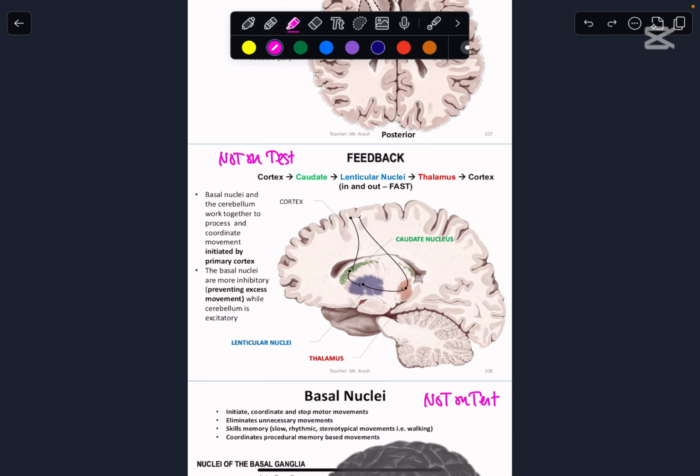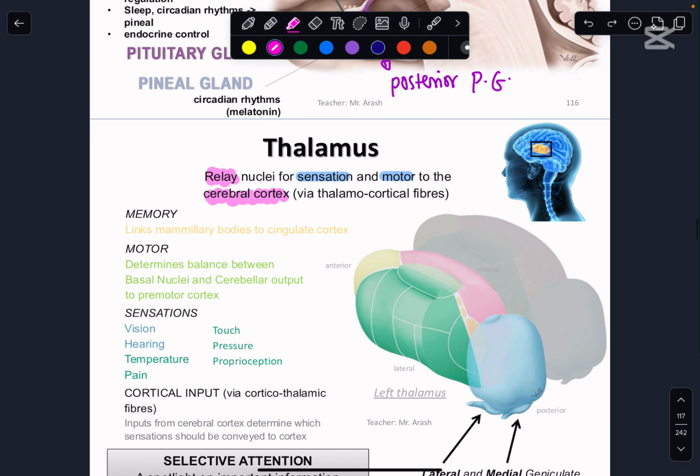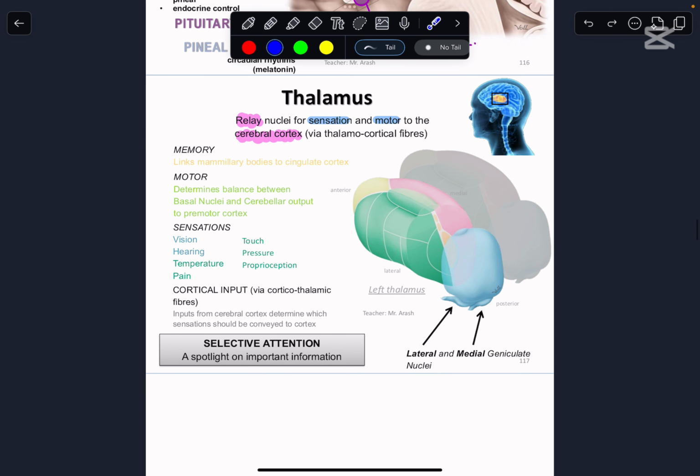We call them corticothalamic fibers or thalamocortical fibers because they connect the thalamus to the cortex, hence cortical. But in terms of its function, in a more nuanced manner, I've listed them here for you. So it has to do with your memory, motor regulation, sensation regulation, and cortical input, and eventually functions to help you achieve selective attention.